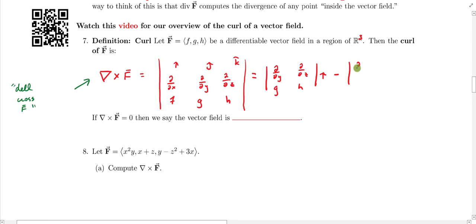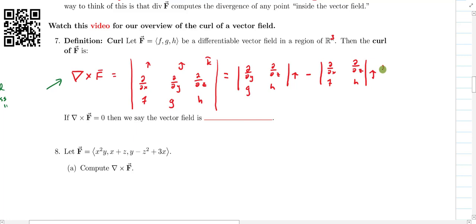We'll get partial x, f, partial z, h, j hat, and then plus partial x, f, and partial y, g, k hat.